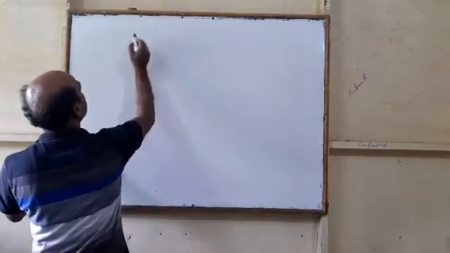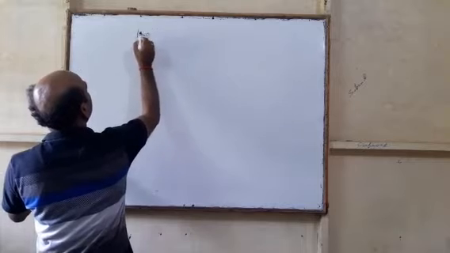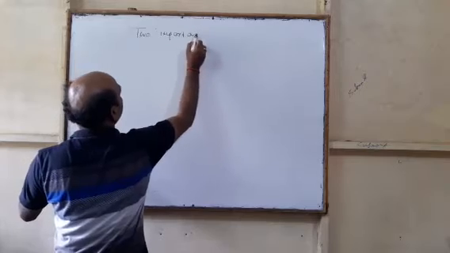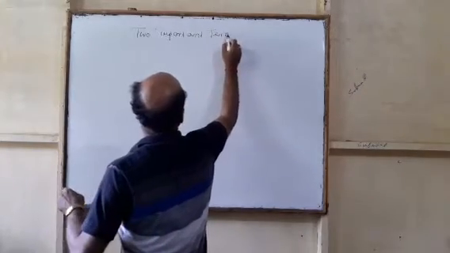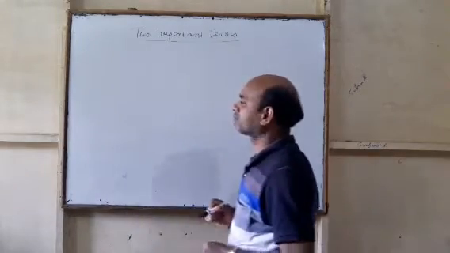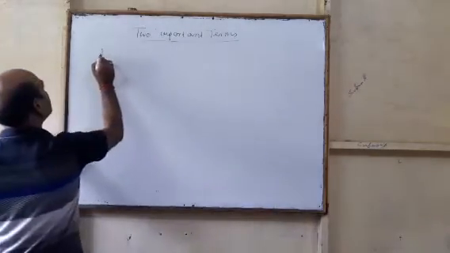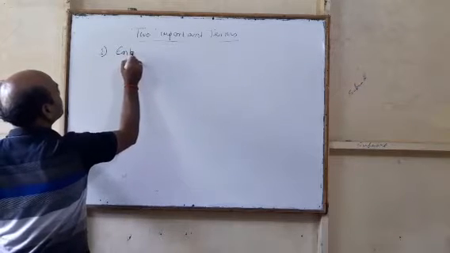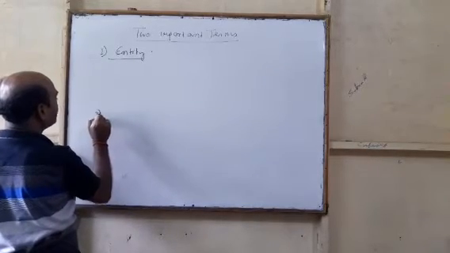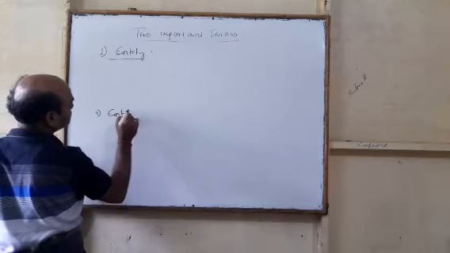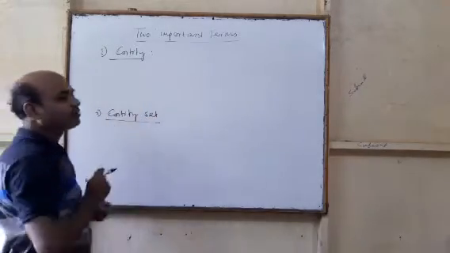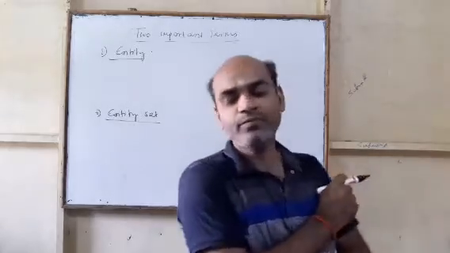Two important terms of ER diagram we have discussed: one is entity, another one is entity set.